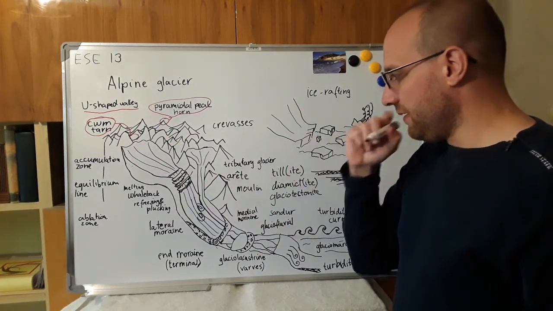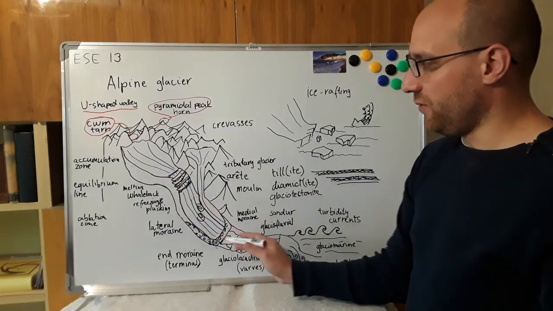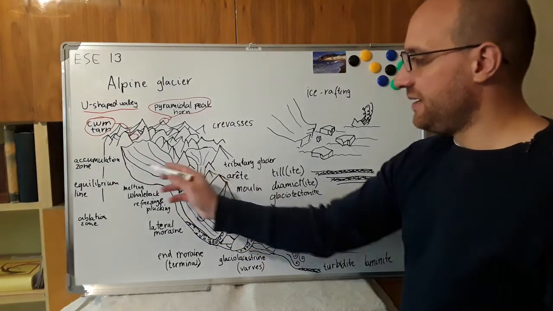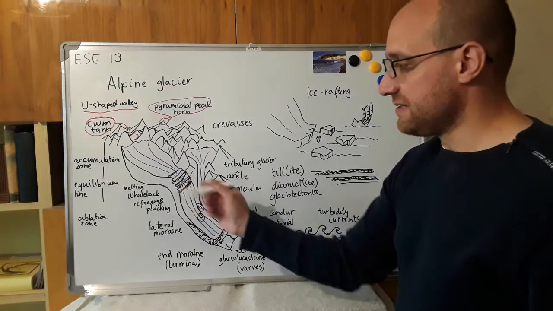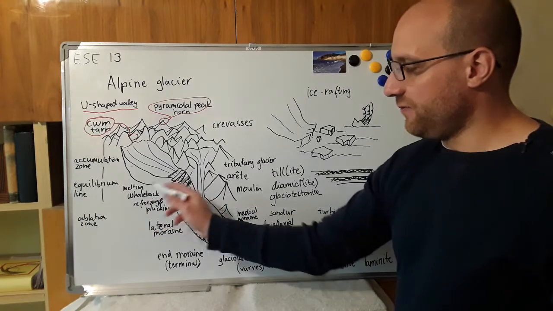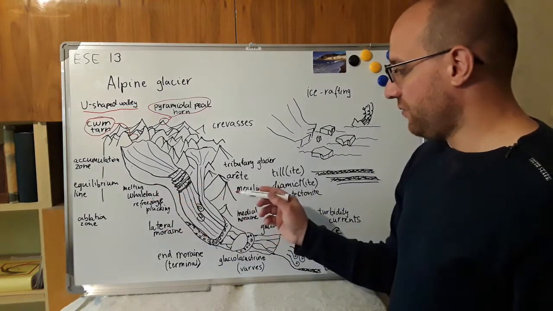We can also think about the bed of this old glacier, which will be in this case mainly hard bedrock, so things like granite, and that's why we will have some of these formations like whaleback and so on.